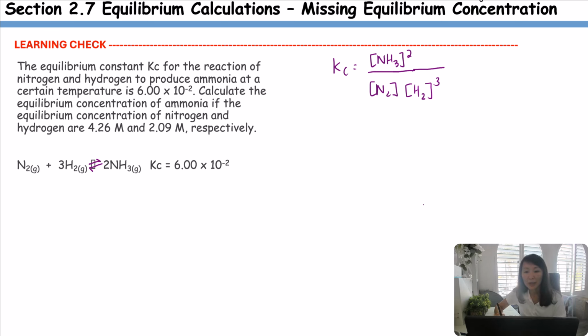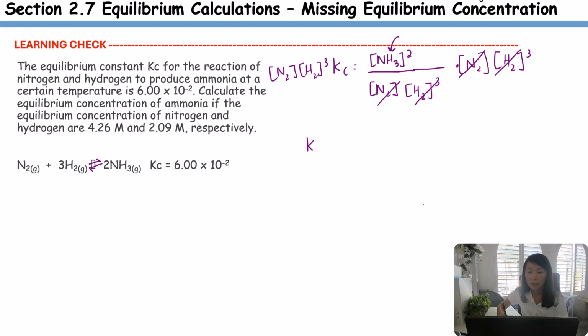Then we will go ahead and start rearranging all of these so that the ammonia, this portion right here, is by itself. So we'll multiply both sides by the concentration of nitrogen and the concentration of hydrogen. I'll cancel these out since one's in the denominator and the other one is in the numerator.